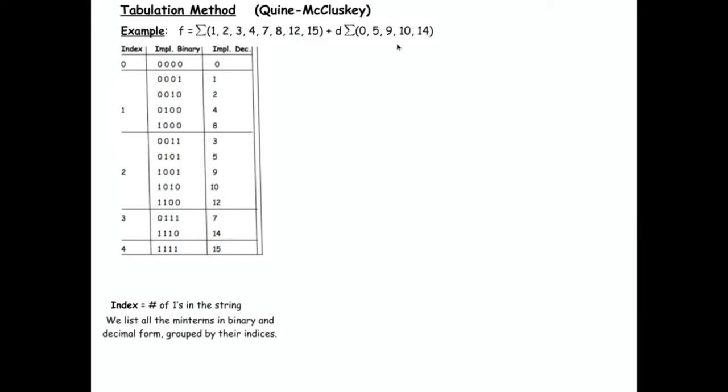All combinations would be 16, but we only list in this table the minterms for 1s and for Ds. So in this table, arranged by the index, and then within each index by increasing order, we have all of the minterms, nothing else.